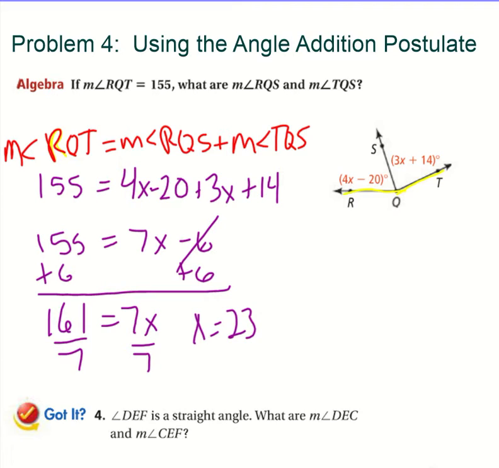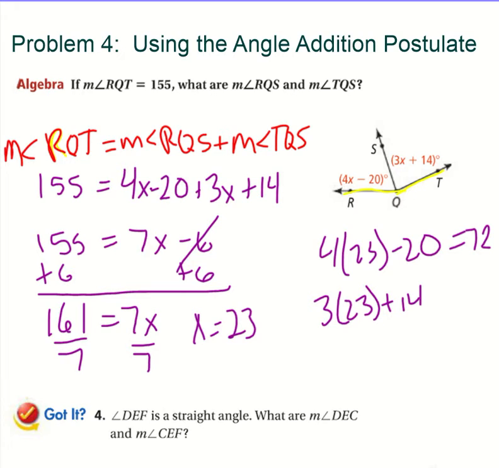If we plug that in, 4 times 23 minus 20 gives us 72. We do 3 times 23 plus 14, and that's going to give us 83.